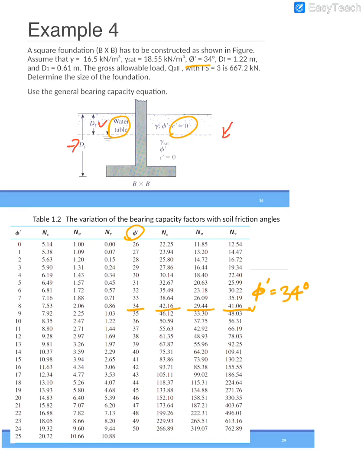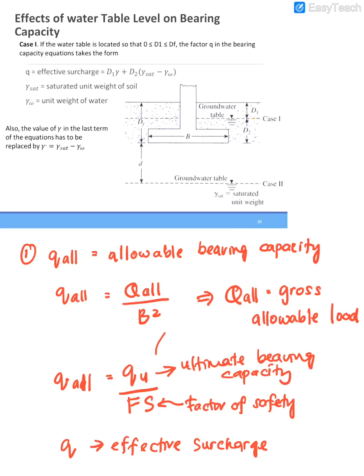As I mentioned in the recorded lecture, if there is no groundwater, then q is equal to gamma times df. When there is groundwater, you have to refer to the effect of groundwater level on bearing capacity. There are 3 cases, so you can refer back to the recorded lecture.